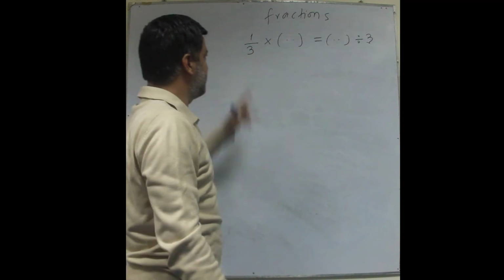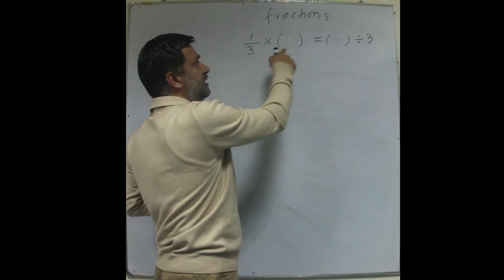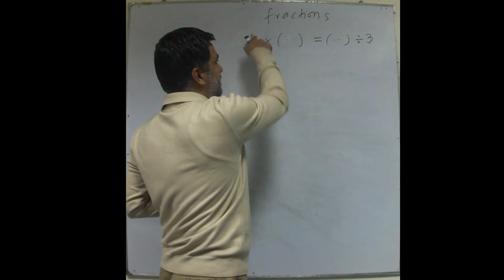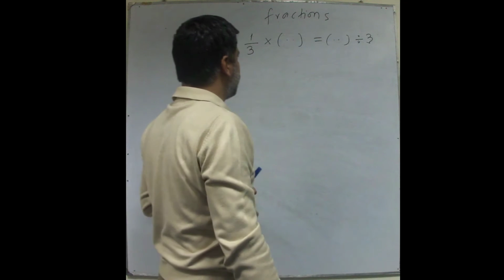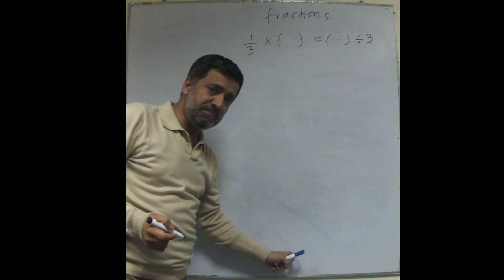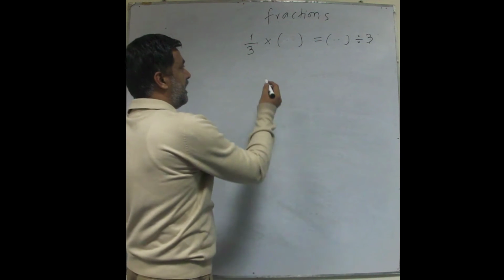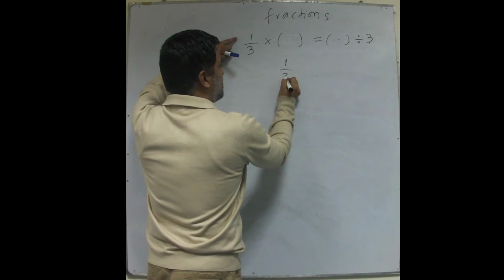Yeah? So if I replace this by 1/4 of any number, 1/4 multiplied by any number will be that number divided by 4. Yeah? And by that last example, I also know that this 1/3 has 2 properties.